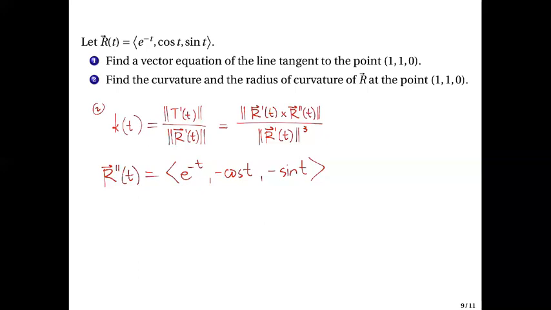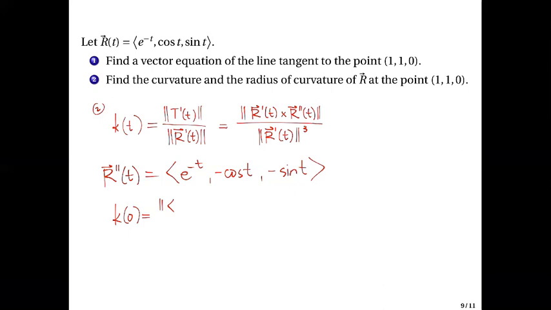And then we want the curvature and the radius of curvature at the point 1, 1, 0, and we know this is when t equals 0. So we actually need the curvature at 0. So we just need to calculate the cross product evaluated at t equals 0, and similarly for this. So this will be an easy computation.